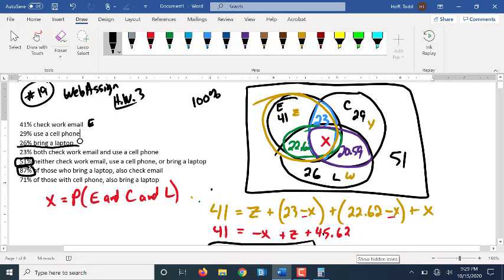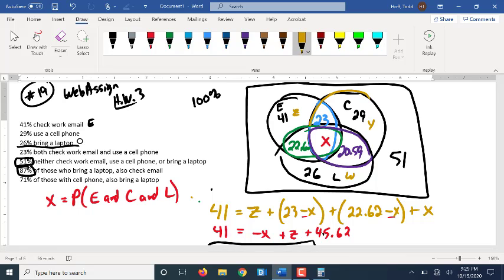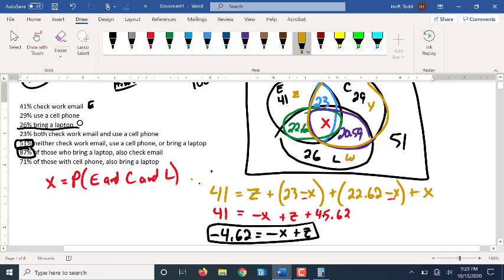Next, I'm going to move on to looking at just those who have their cell phones with them. We know that adds up to 29% total.